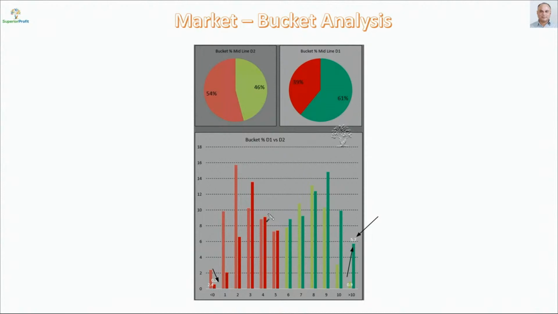Another insight you may get from this bucket analysis is that sometimes you will see the percentage of stocks in the most extreme bucket jumping in one day by 10 to 15% or more. In this example, it is 0.9 to 5.7, not more than 10%, but sometimes it will jump by 10%, 15% or more.